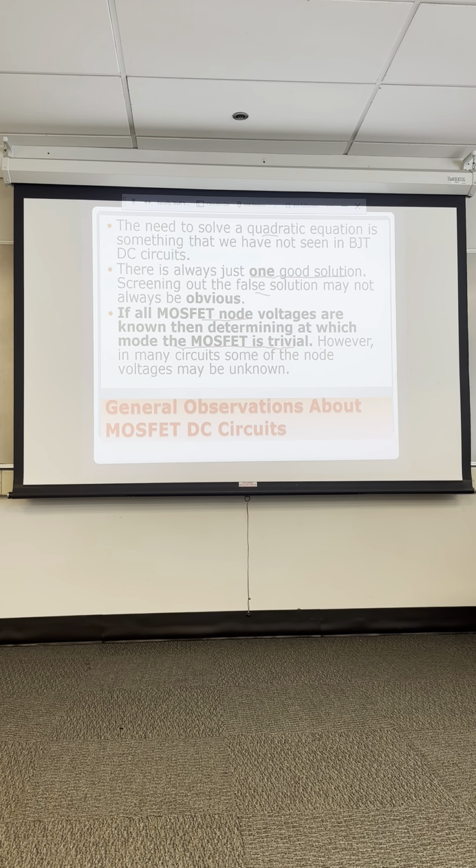So now we're at a point where the node voltages are not going to be given, and we have to solve for them. Since they're unknown, we're definitely going to have to do more math in order to solve for those different voltages.